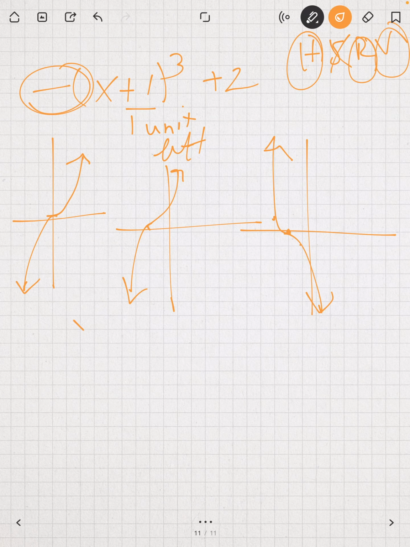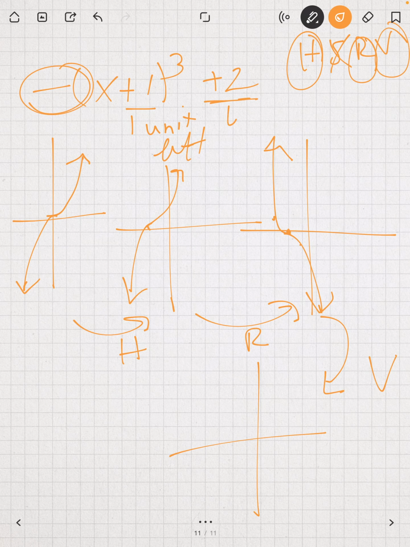So that was our H, our R, and then our V. We need to shift it up 2 units. So here, left 1, up 2, still opens that way.